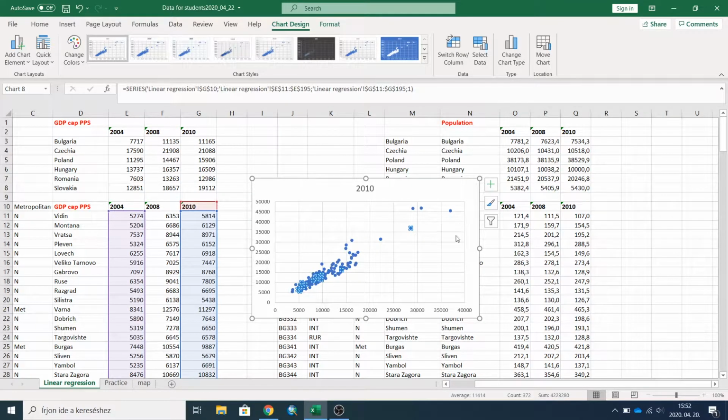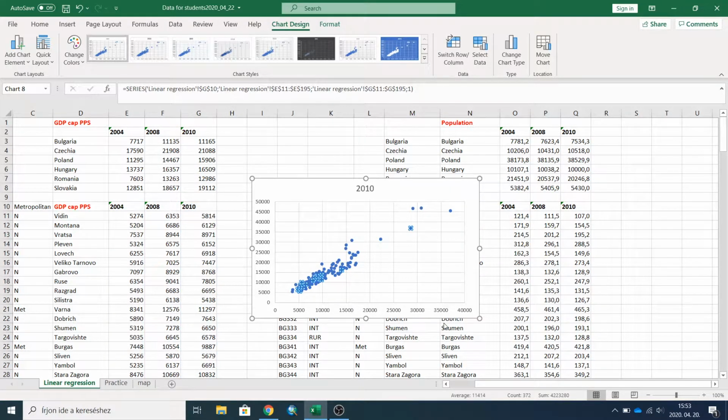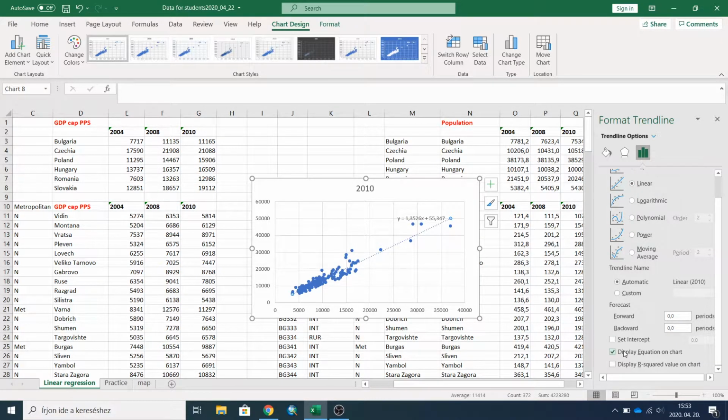There is no problem because there are a lot of dots, but the analysis is based on every point. So there is no problem if you do not see each point selected in this case. Add trend line. You can see linear, display the equation on chart and R-square.